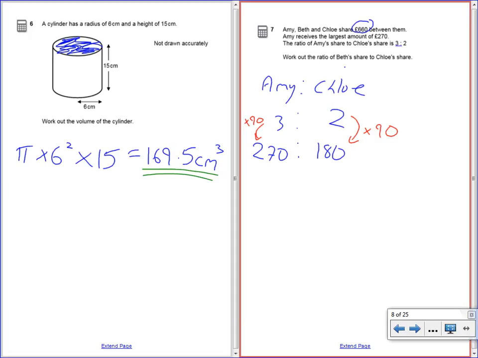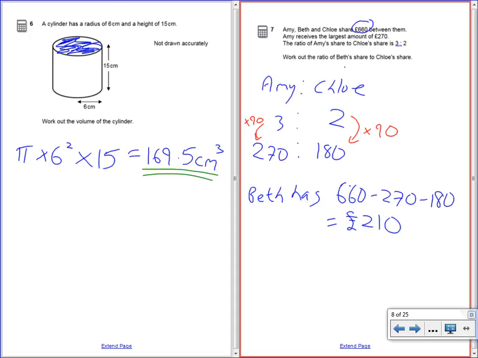So if Amy's got £270 and Chloe's got £180, then Beth has 660 minus 270 minus 180 pounds. Which, if you work that out, comes to 210 pounds.